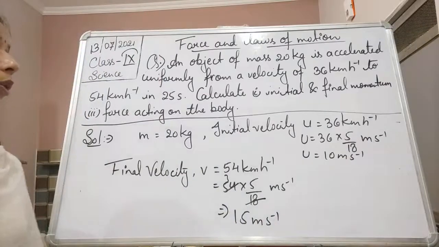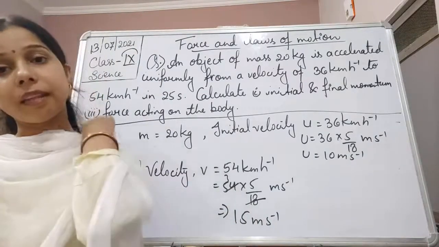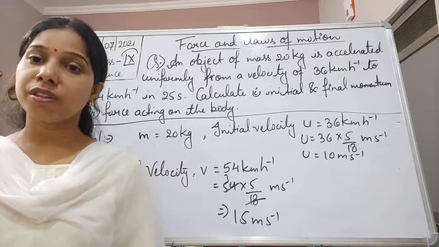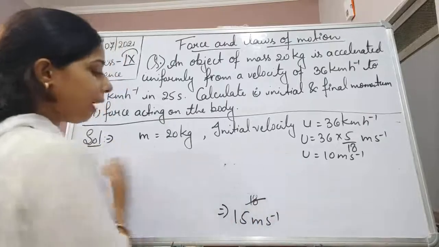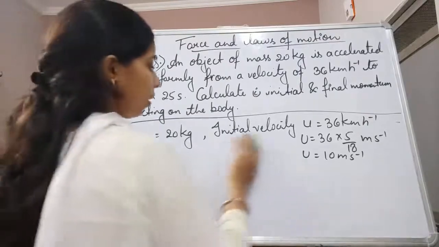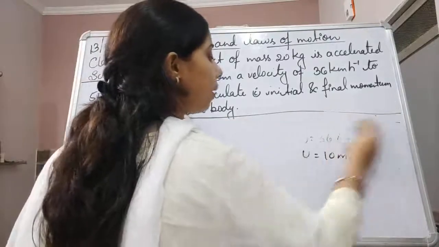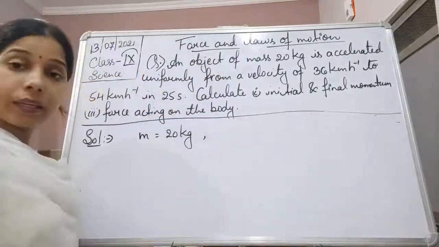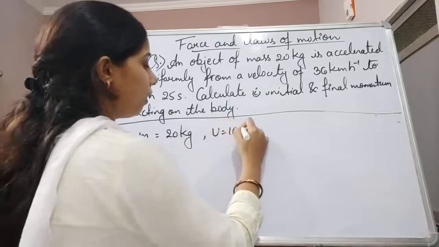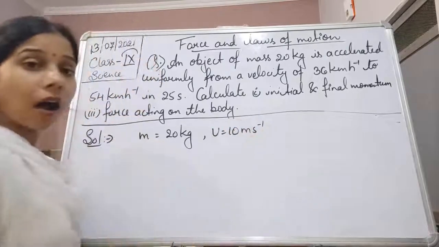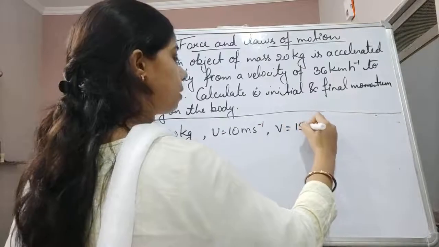So we get the value of our initial velocity, that is 10 meter per second, and also the final velocity, which is 15 meter per second. So let me simply write the values here: the initial velocity, represented by u, is equal to 10 meter per second, and the final velocity, which is v, is equal to 15 meter per second.